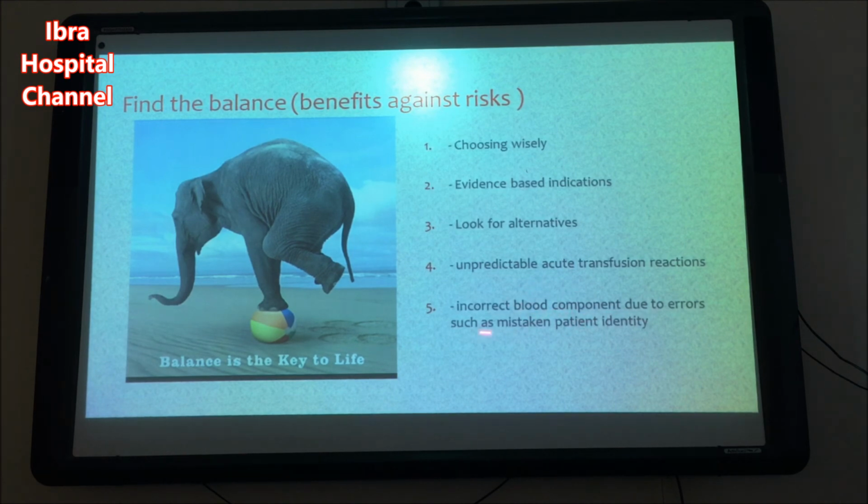Incorrect blood component due to errors such as mistaken patient identity is the major cause for mortality and morbidity in relation to blood transfusion. You have to be careful to identify your patient. The blood is requested for patient X and should not be given for patient Y because you just didn't ask his name, or they shifted beds during change of nursing shifts, and then you don't ask, just this blood is for that bed, without looking at the armband, without asking the name, and without confirming which patient the blood is meant for.